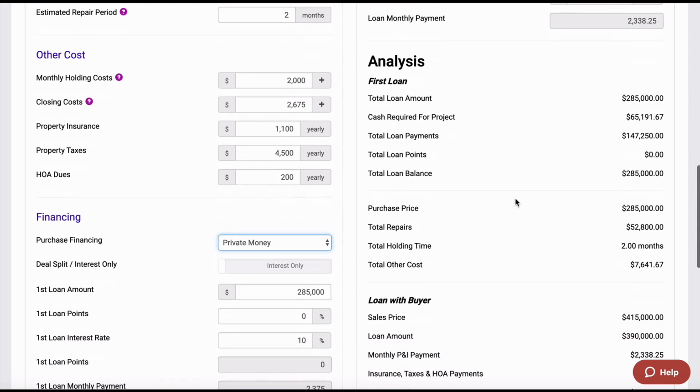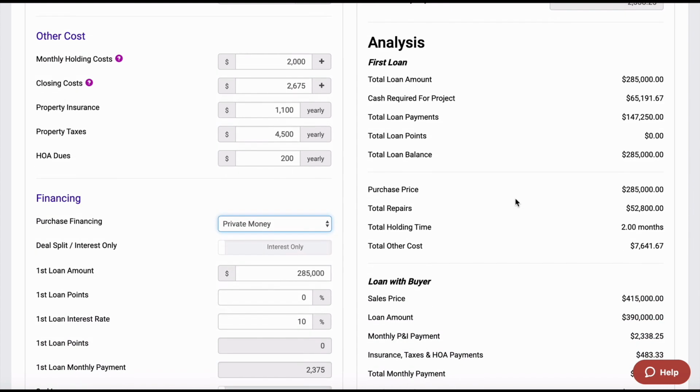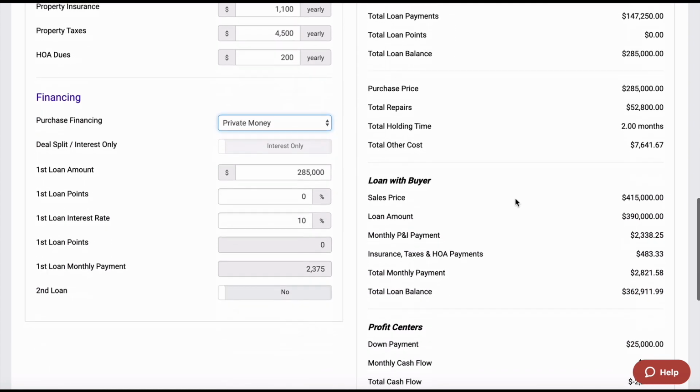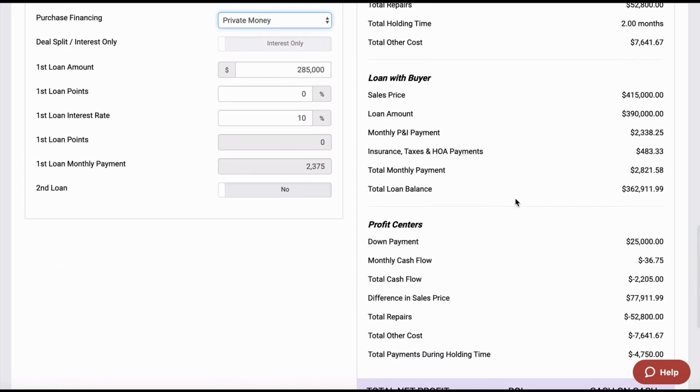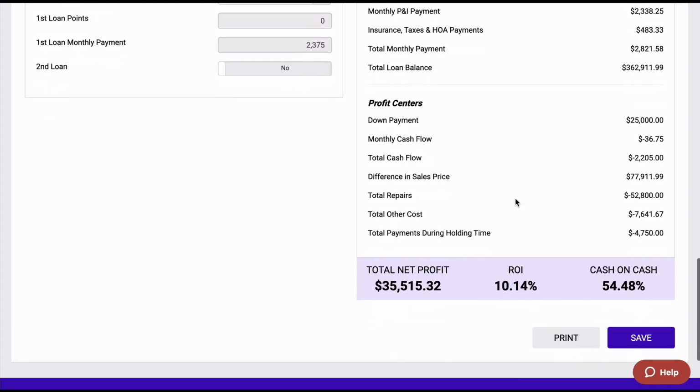You can then see the analysis broken down here from the first loan, the loan with the buyer, as well as your profit centers. And if I scroll down, you can see my total net profit, my return on investment, my cash on cash. One thing that I want you to notice is this: in this particular example, cash flow is at a negative 2205.